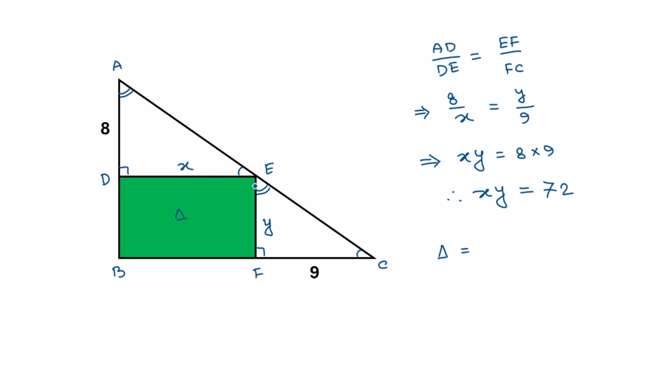The length of this rectangle is x, and the width of this rectangle is y, so its area is xy, and we have found the value of xy is 72, so substituting this xy, we can write 72. So we have found the area of this rectangle is 72 square units, and this is the solution of our given problem.